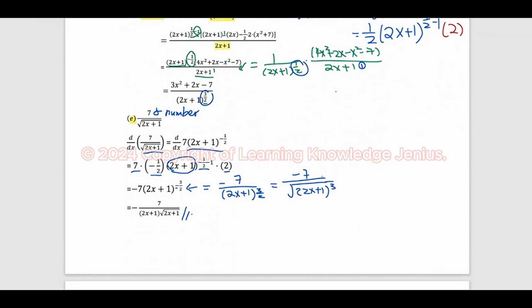Since it's a power 3 over 2 and this is a square root, I can bring out the 2x plus 1 and be left with 2x plus 1 in the square root. So this is how I get the answer. So take note that for this one we are not going to apply the quotient rule because the numerator is a constant.